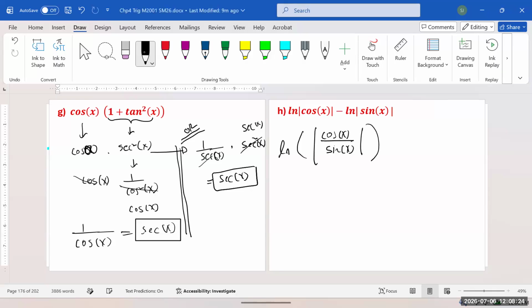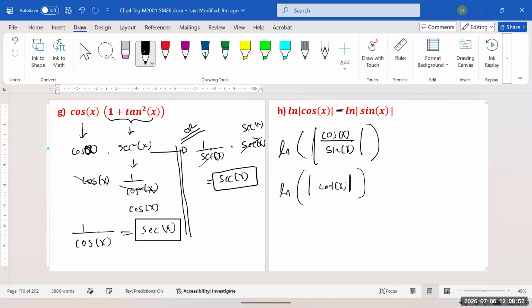Great. See the minus? Minus means division in log, plus means addition, multiplication. So we have ln of cosine minus ln of sine. Which is same as converting it to a single log. Minus means division, so cosine x divided by sine x. And what is cosine x divided by sine x? Cotangent x.